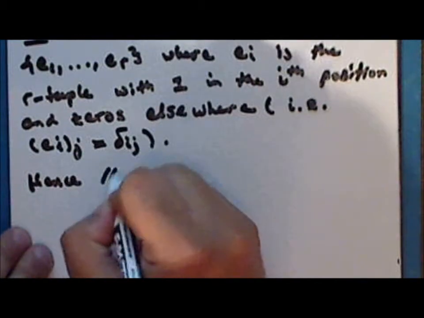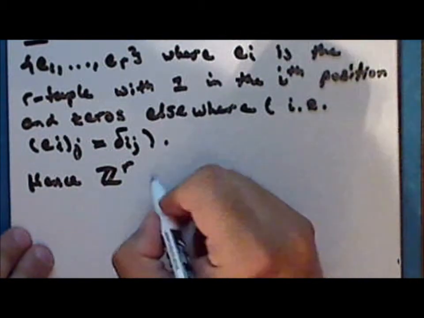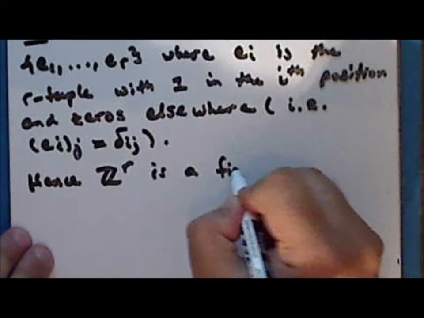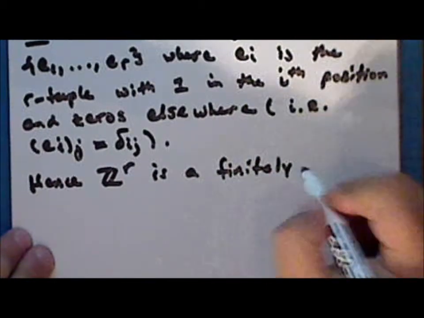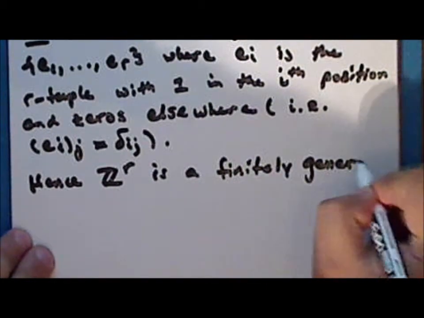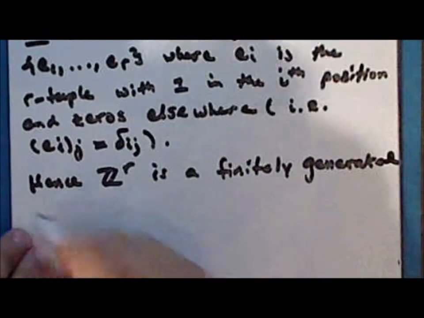And hence the free abelian group of rank r is a finitely generated abelian group.